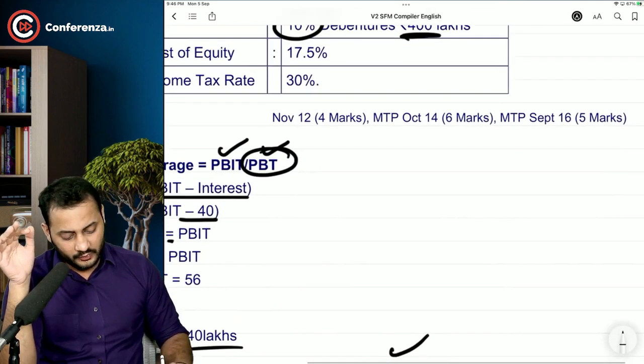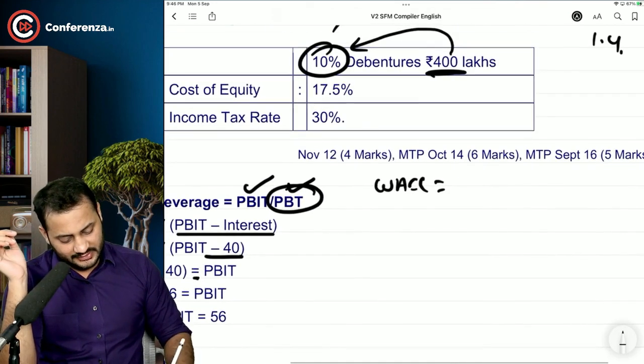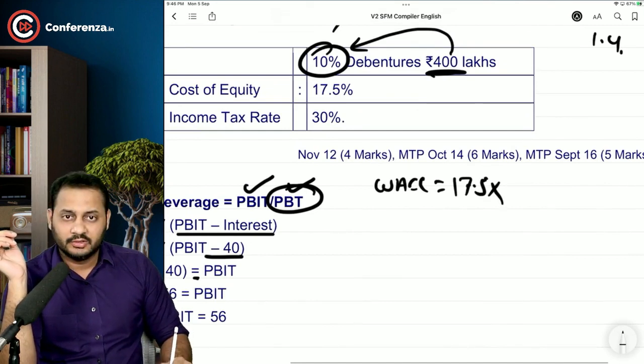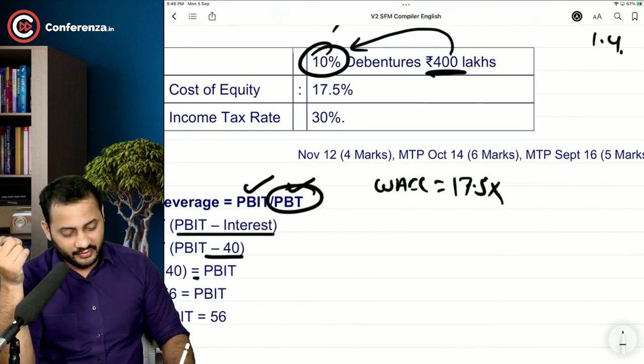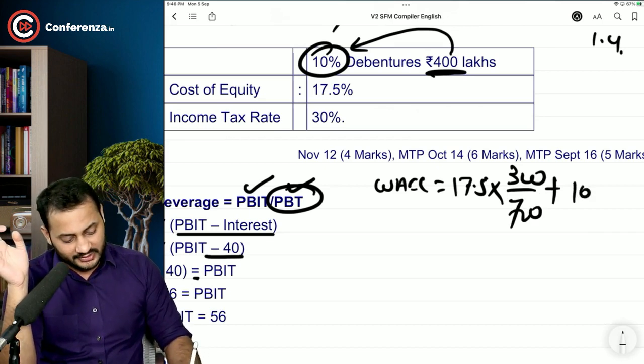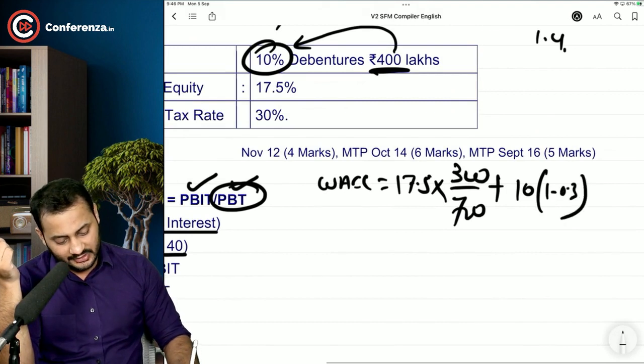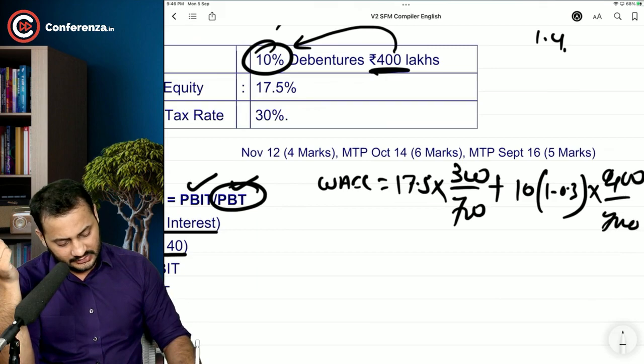Cool, sir. Now is the time for WACC. WACC, cost of equity is 17.5% multiplied by the weight of equity, which is 300 by 700. Am I right? Plus cost of debt is 10%, but we have to take it after tax. That means 1 minus 0.30 into 400 by 700.